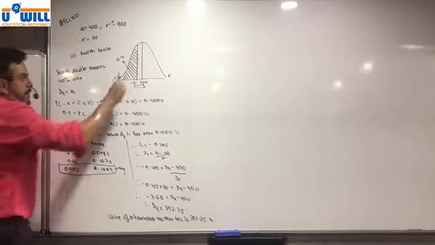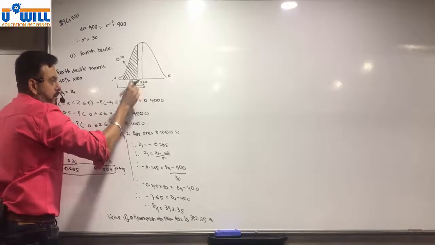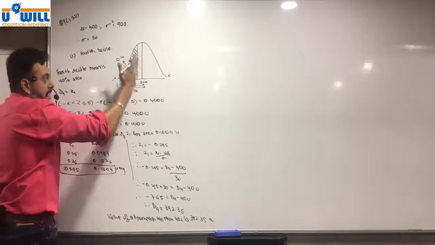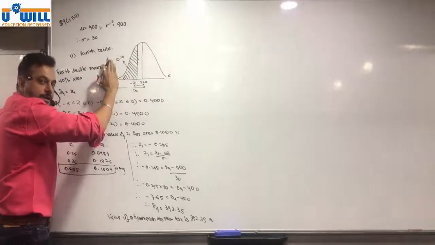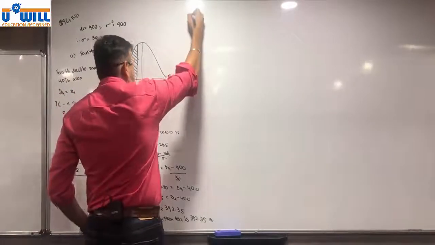How? From this Z1 we found out what D4 is. So for this observation 392.35, all the other observations are 40% less. Understood this? Okay. Now next, second.